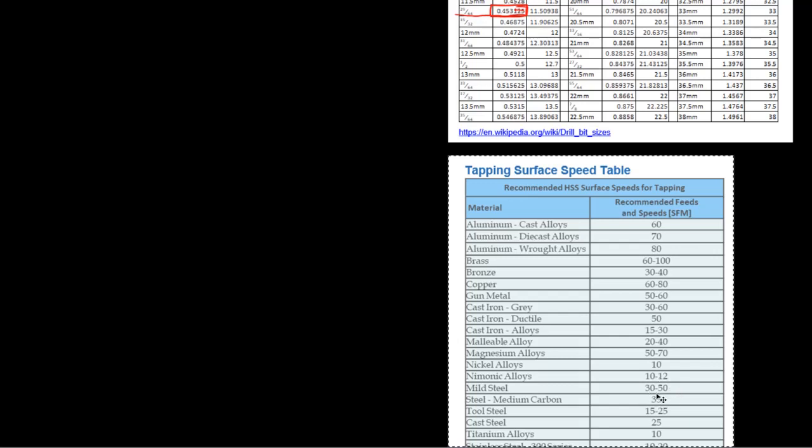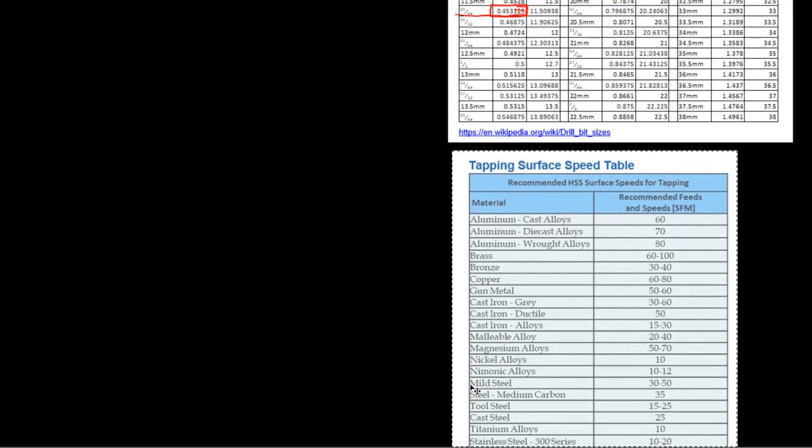But maybe for the first time that we tap this hole, let's just use the slower speed, and then if we find that it's going too slow in production, we could always ramp up to 50 surface feet per minute. So I'm going to choose 30 here. I'll switch to the red pen. I'm just going to circle where I got that from. Okay, so mild steel.